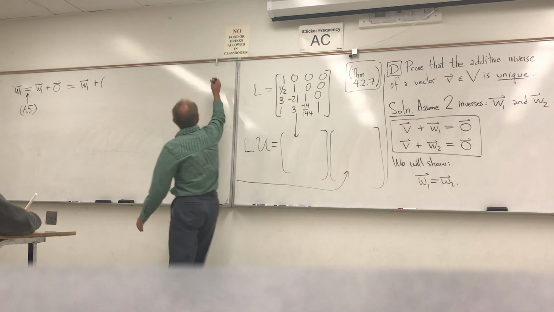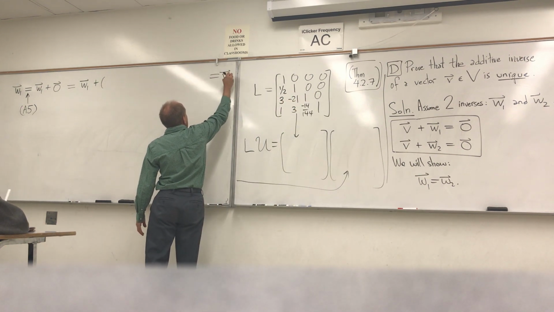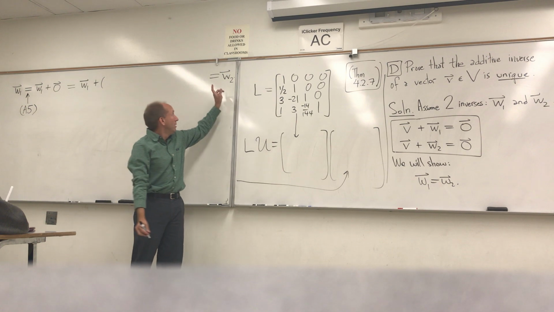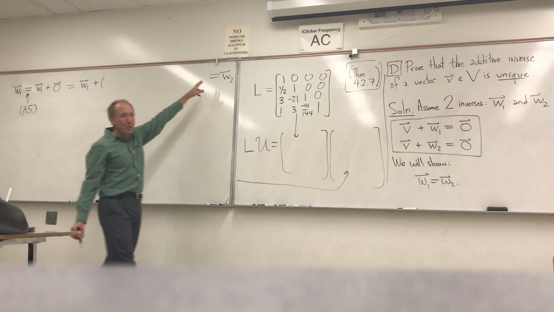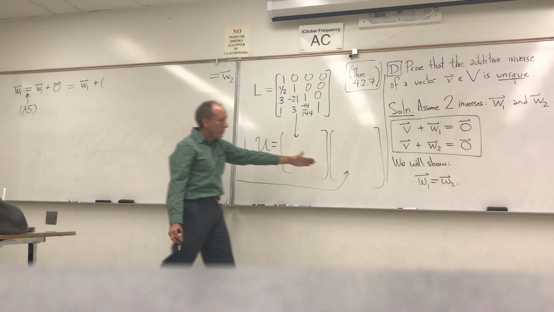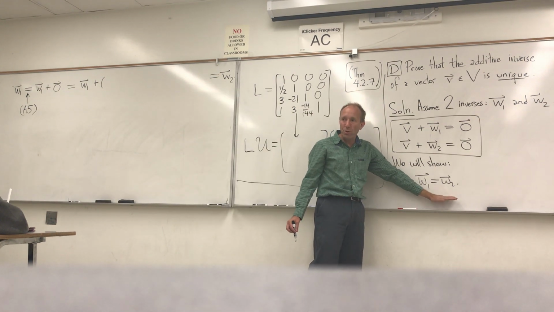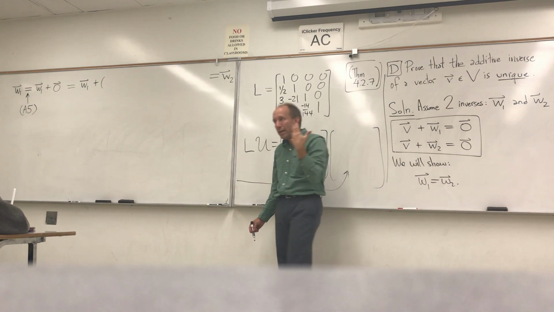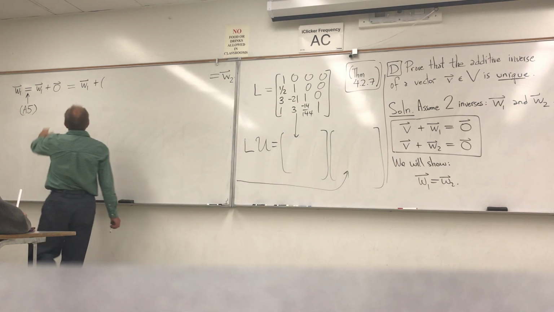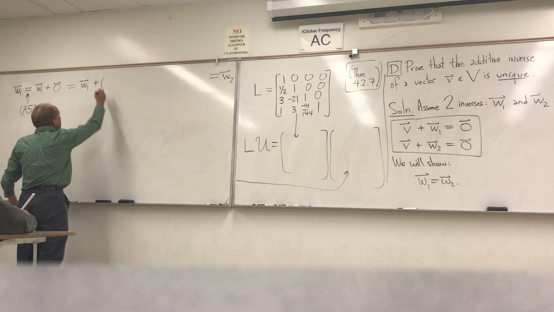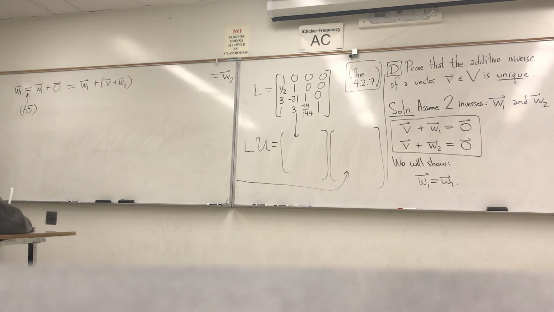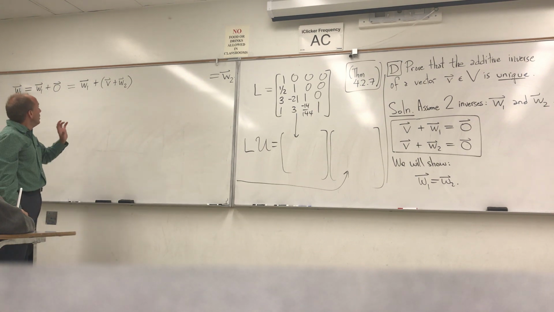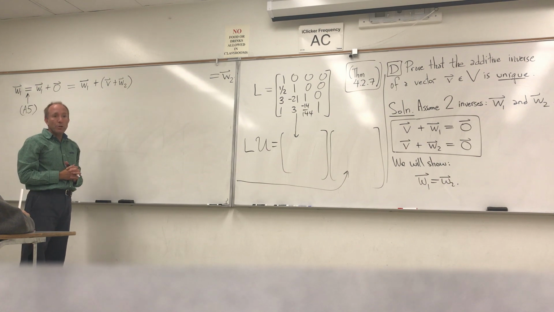Let me give you the outline here, guys. We're trying to start with W1 and get to W2. This is the whole thing we're trying to show, that those are equal. So I'm starting with W1, I'm trying to get to W2. So we're going to take the 0 vector and replace it with V plus W2. And the purpose of that is to get the W2 vector into the equation.